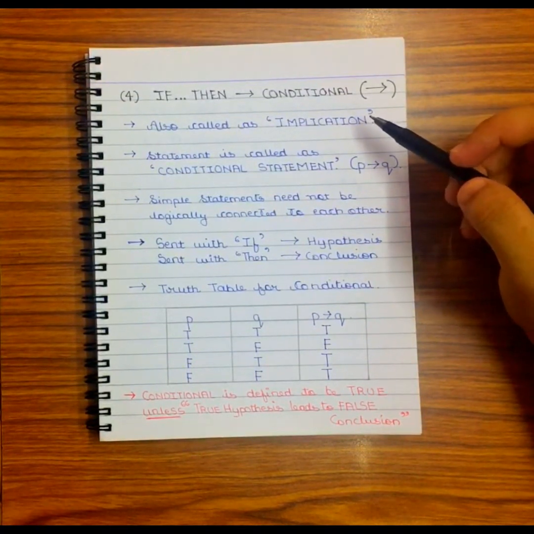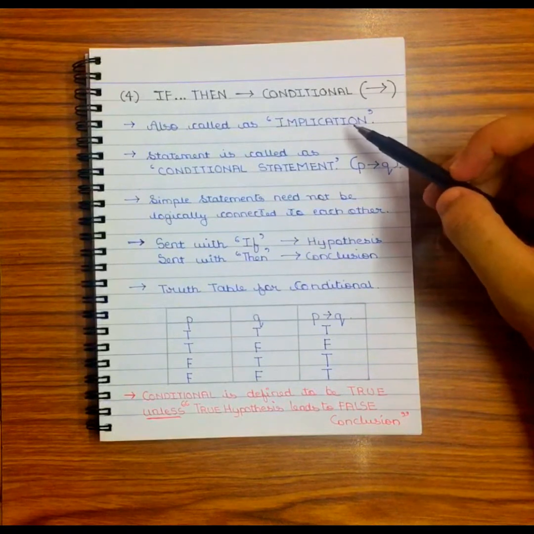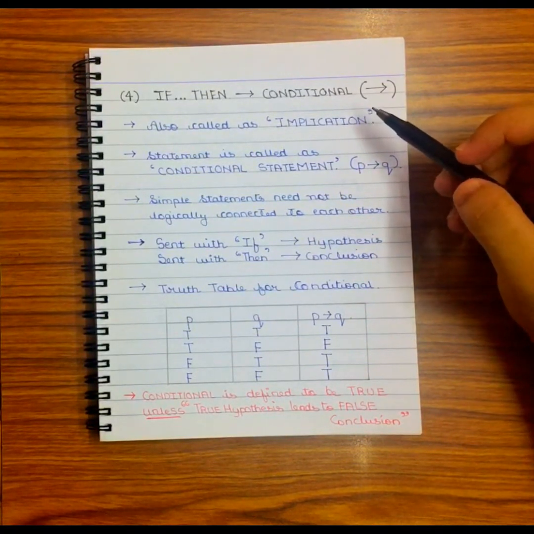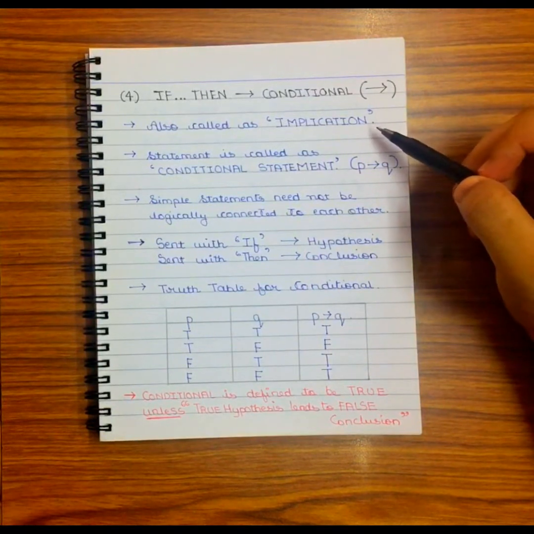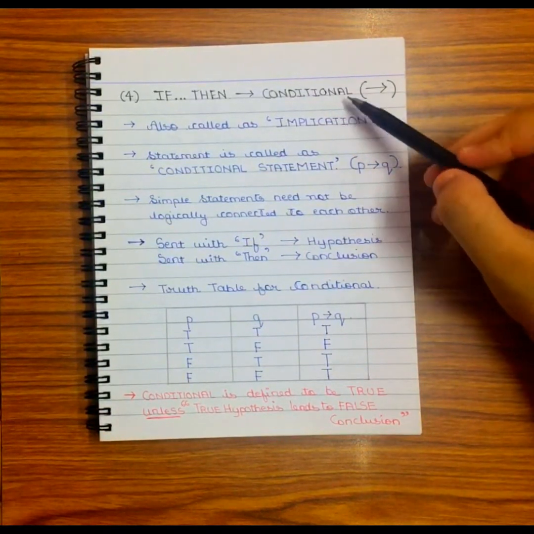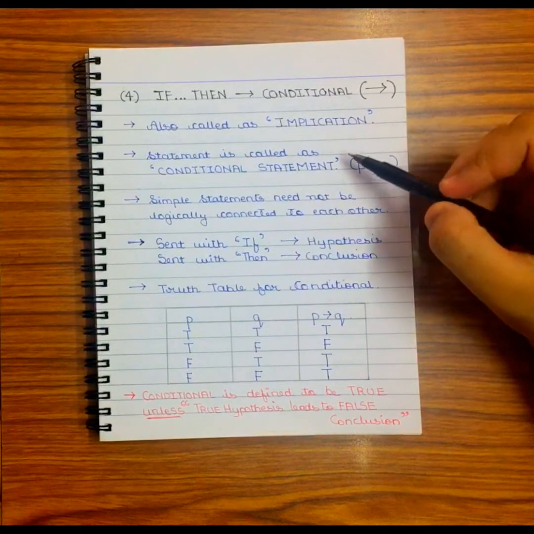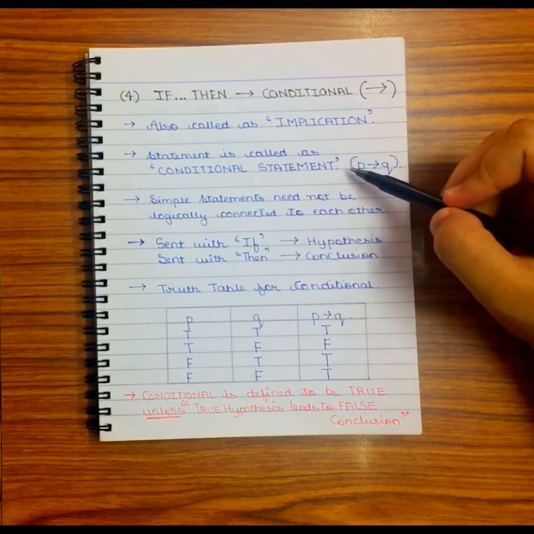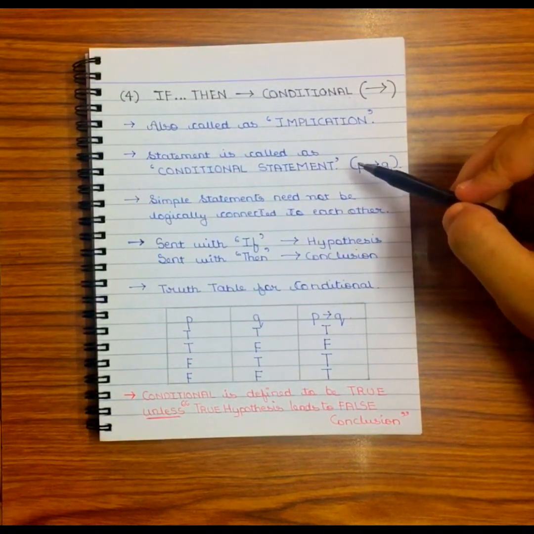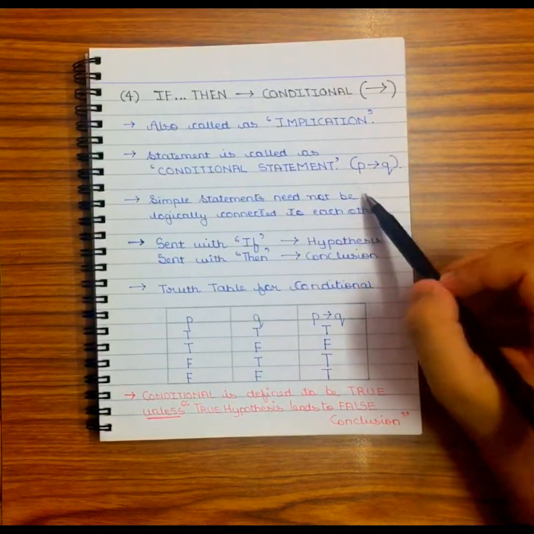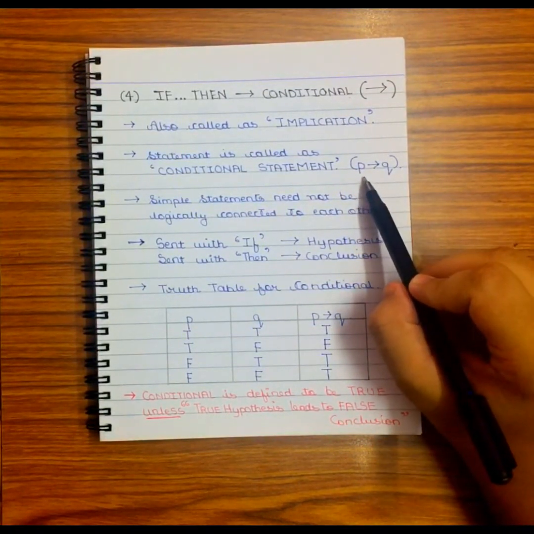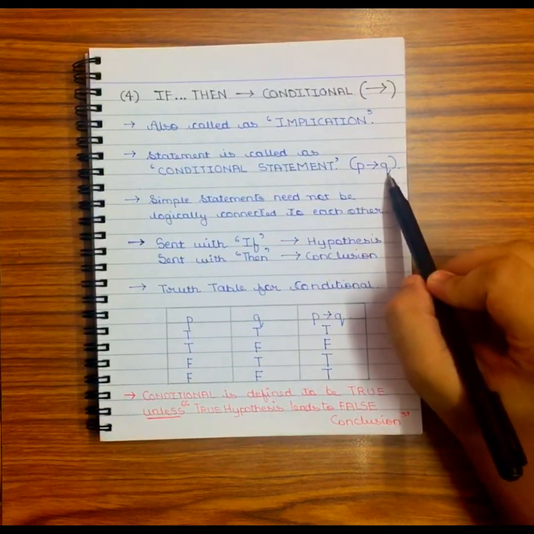So here the if part of the sentence is implying that something is going to happen, hence it is also called implication. The connective is called conditional, and the statement in which this conditional connective is used is called a conditional statement, and in symbolic form it is represented as P implies Q.